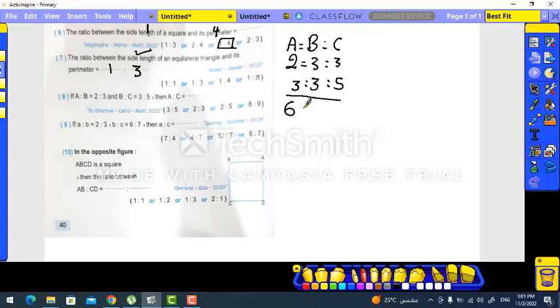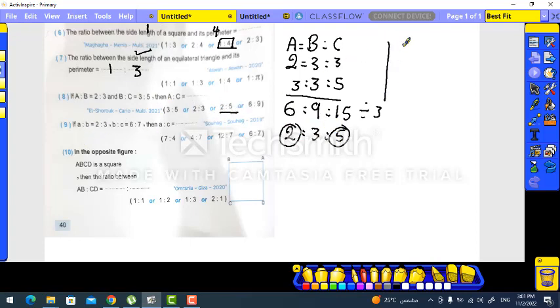It will be 6, 9, 15. Divide by 3, it will be 2 to 3 to 5. Now A to C, it will be 2 to 5.